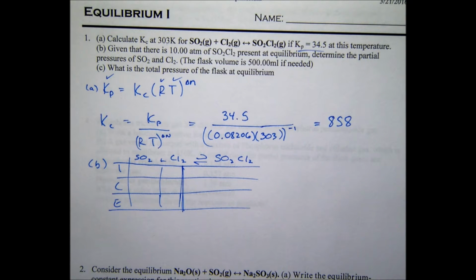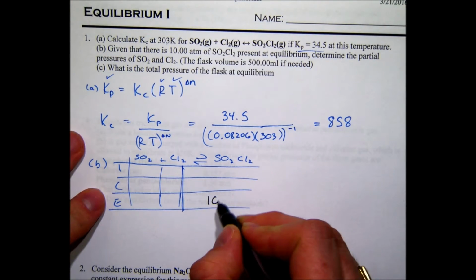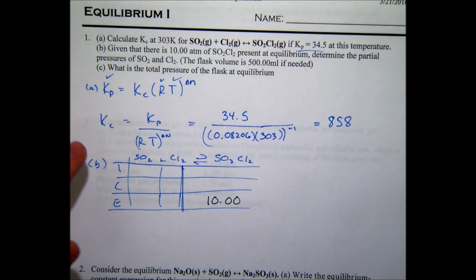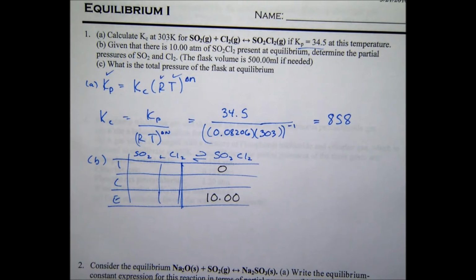So once you have your ICE box done, it's time to start putting in things that you have. So the only thing that we really have for this problem is that we know that there are 10 atmospheres of SO2Cl2, and that is at equilibrium. So the only thing that we really can say is that, let's assume we started from 0 because we really don't have any other information.